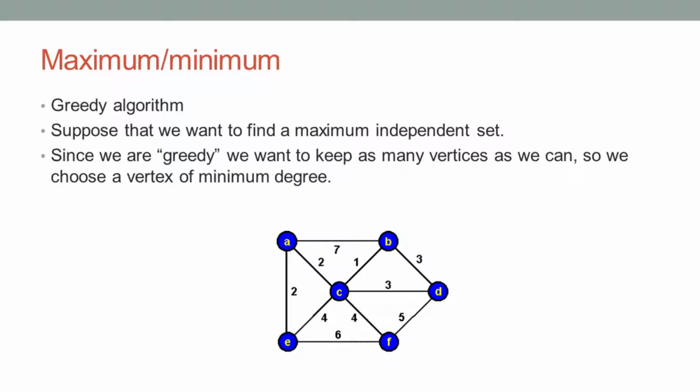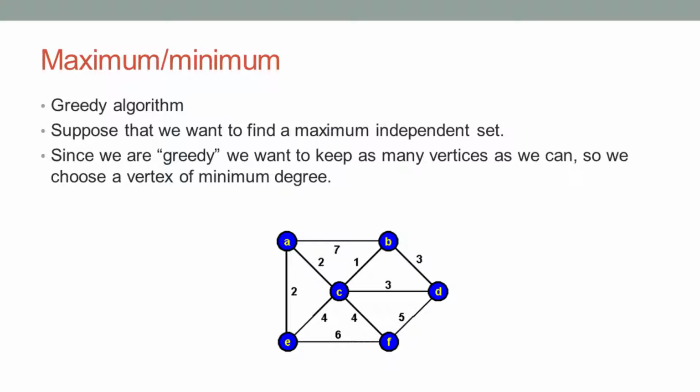So let's do another example of a greedy algorithm. And this time, what we want to find is a maximum independent set. Recall that a set of vertices is independent if there's no induced edge. So we want to select as many vertices as we can.